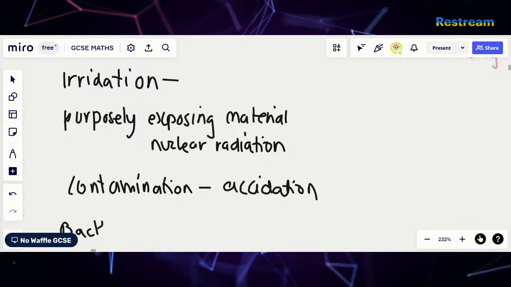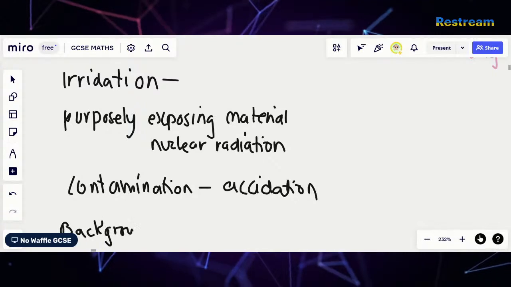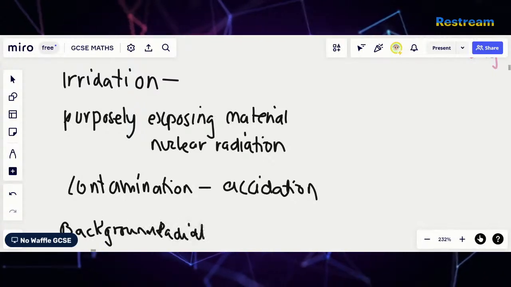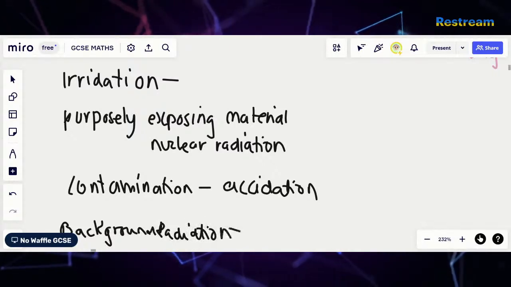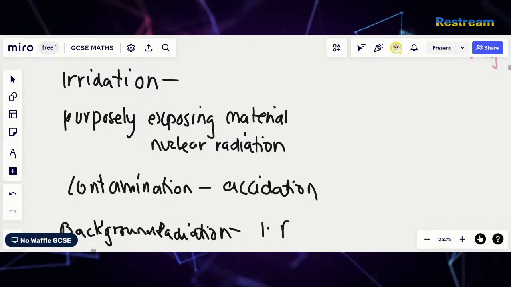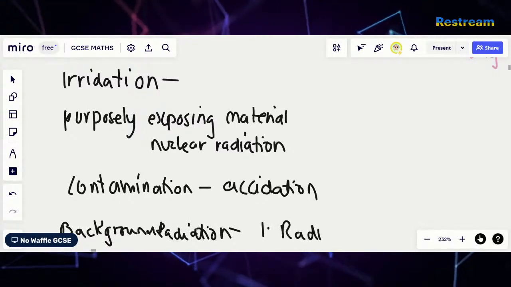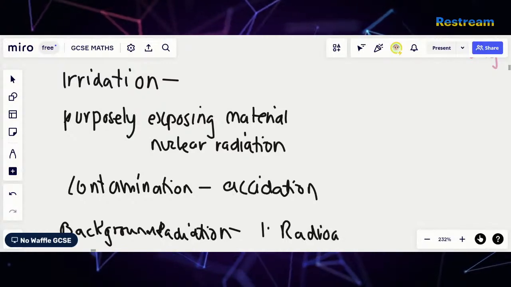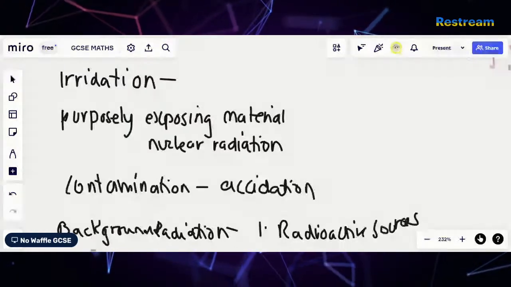Finally, background radiation. This is the amount of radiation that's all around us, and there are 4 main sources of background radiation. 2 of them are natural. So firstly, from radioactive sources, certain rocks in the earth.